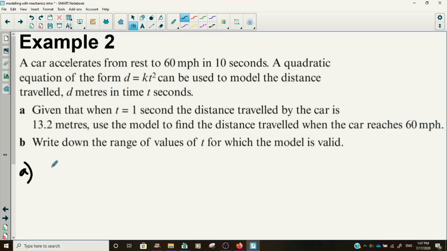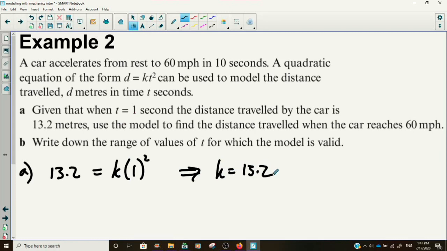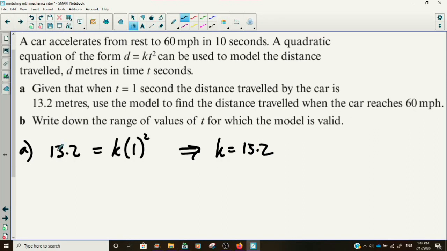So let's just write down what we know. So distance is 13.2, that's equal to k times t, which is 1 squared. So that's going to lead to k equals 13.2. Okay. Now we can use that value of k, that's going to be constant throughout the question. We're going to be using that value of k in the equation to work out d for any value of t.